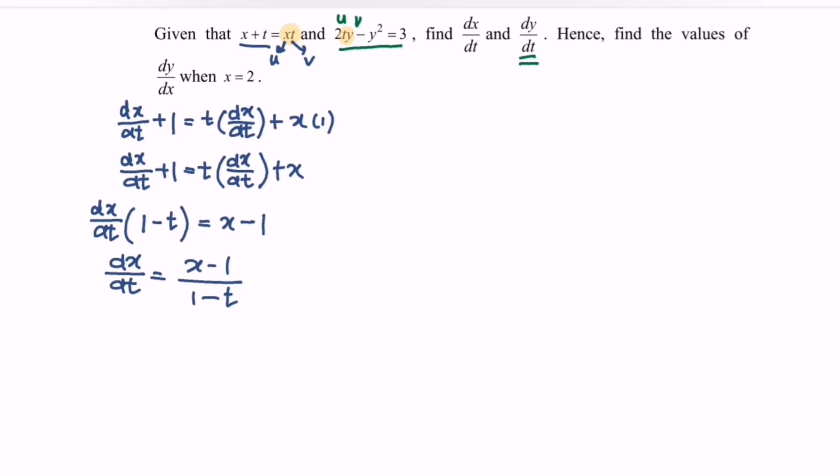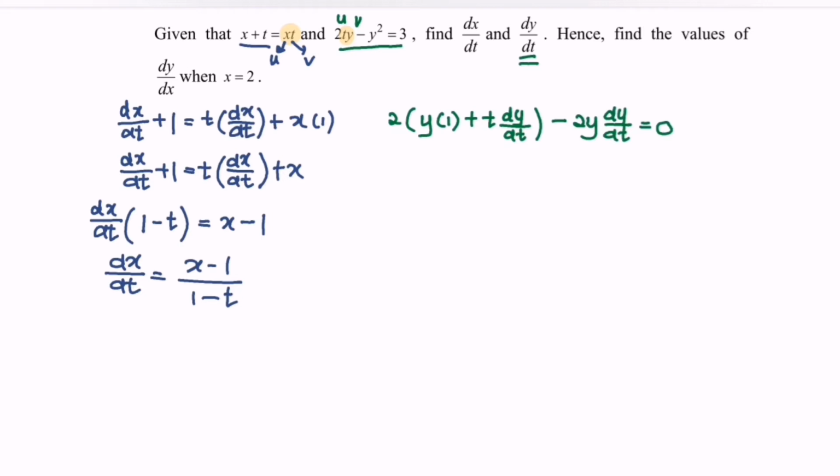So bracket 2 bracket y, if we differentiate t, we'll have 1, plus we have t. If we differentiate the y, we will have dy/dt, minus 2y dy/dt equals to 0 because it's a constant.